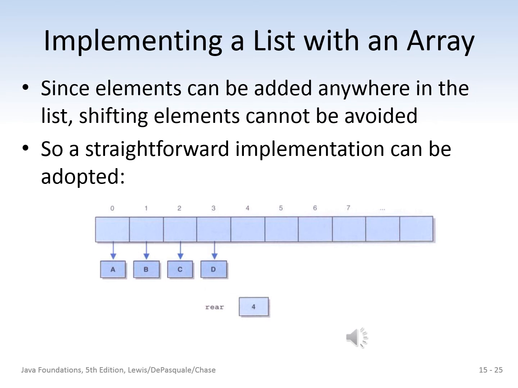You might have guessed what we're going to do next. We're going to implement a list using an array as the underlying structure. Since elements can be added anywhere in the list, we're not going to be able to avoid shifting elements because of the way an array stores data in linear fashion.